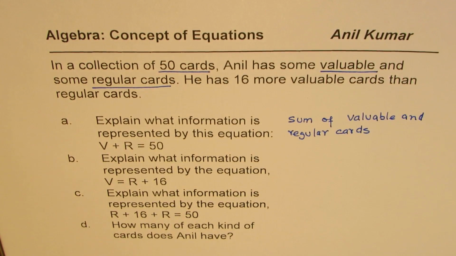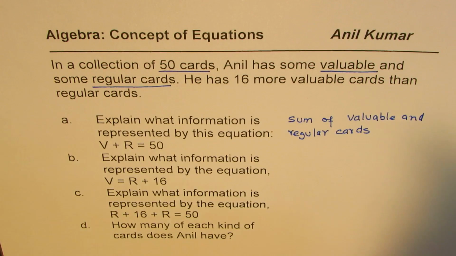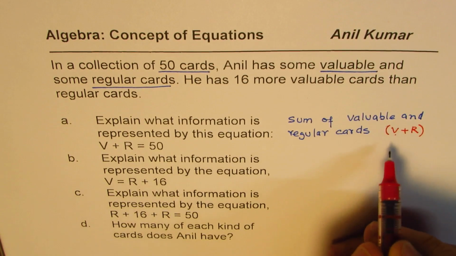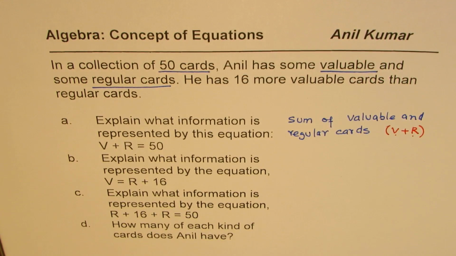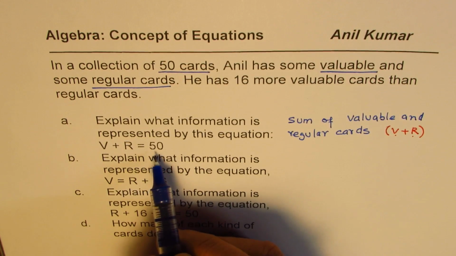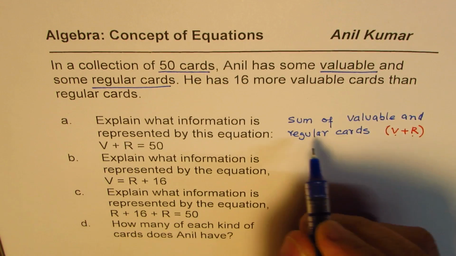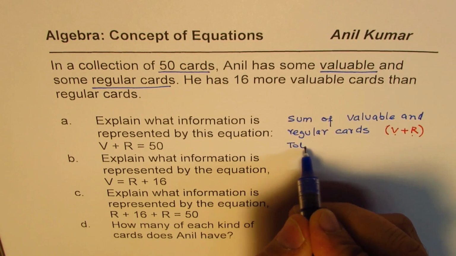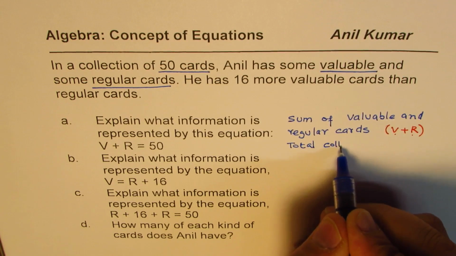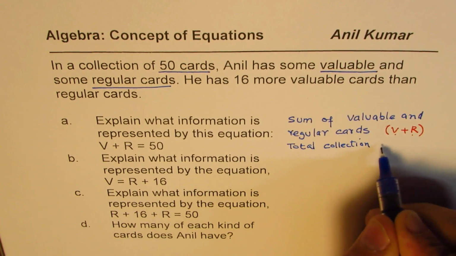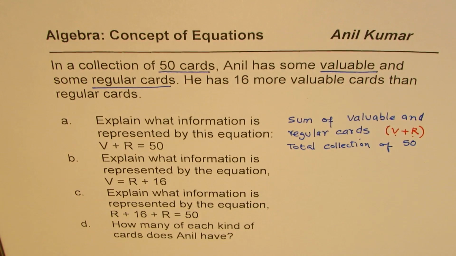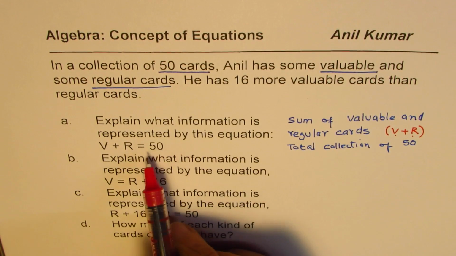So V is the number of valuable cards, R is the number of regular cards. And on the right side, equal to 50. So we say that this sum is 50 cards, right? So that is the total collection of 50. That is what information is being represented by this equation.